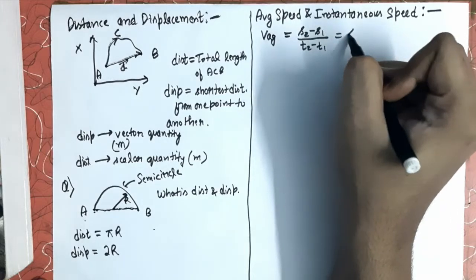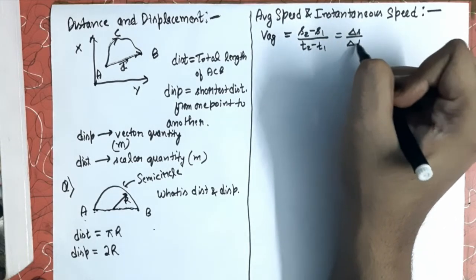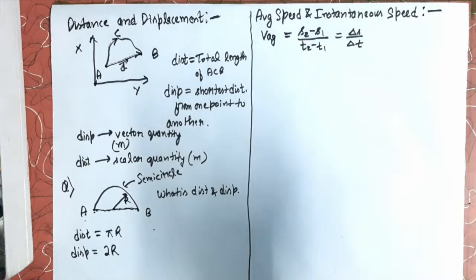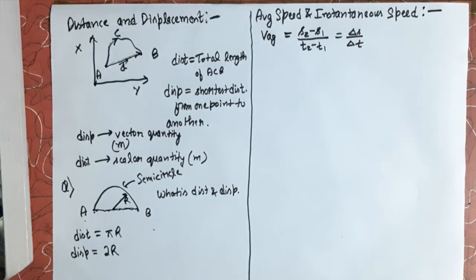We can say that this is delta s by delta t. So this is V average. What is s2 and what is s1? s2 is the final position and s1 is the initial position. t2 is the final time at which we reach s2, and t1 is the time at which we reach s1. So this is your V average.